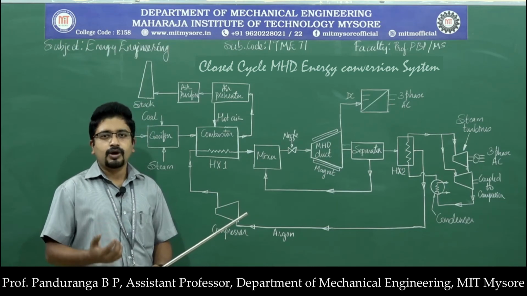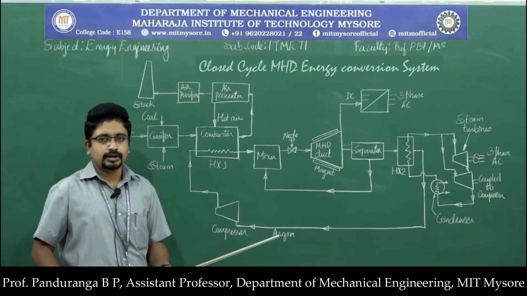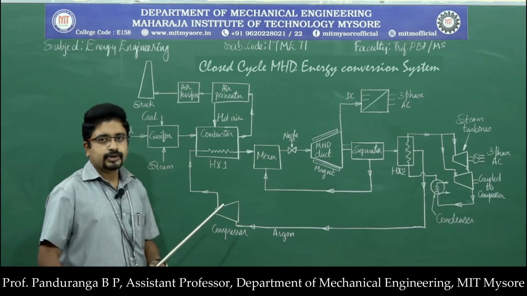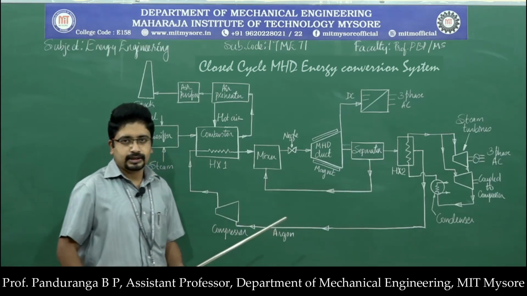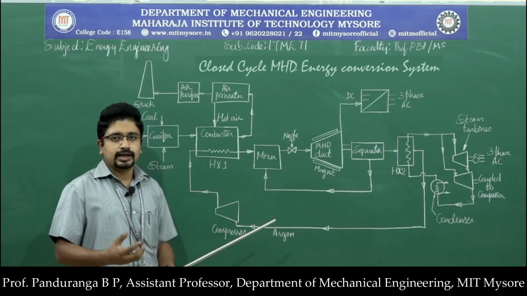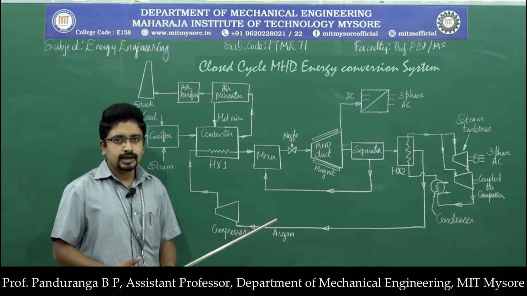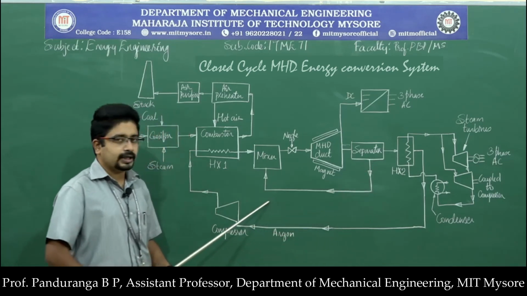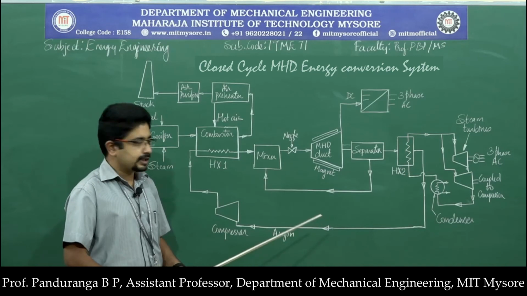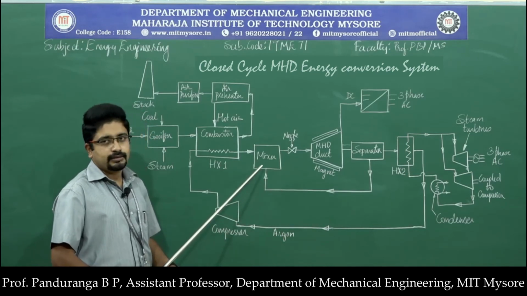So we need to remove all the seeding materials from the argon gas before it enters the compressor. For that purpose, here we have provided a separator which separates solid particles which are present in the argon gas. Then from here the solid particles or the seeding particles will be supplied back to the mixer.